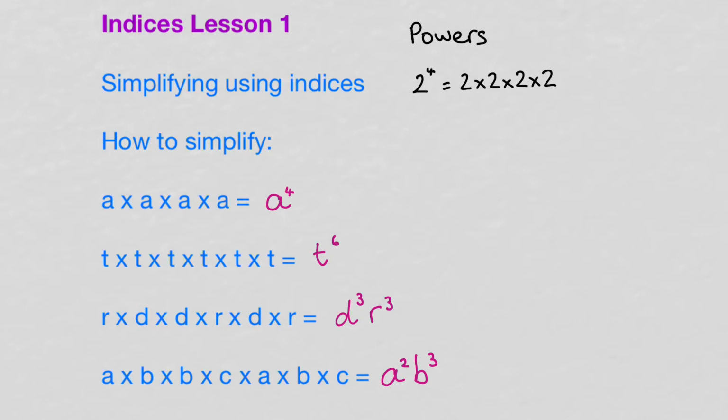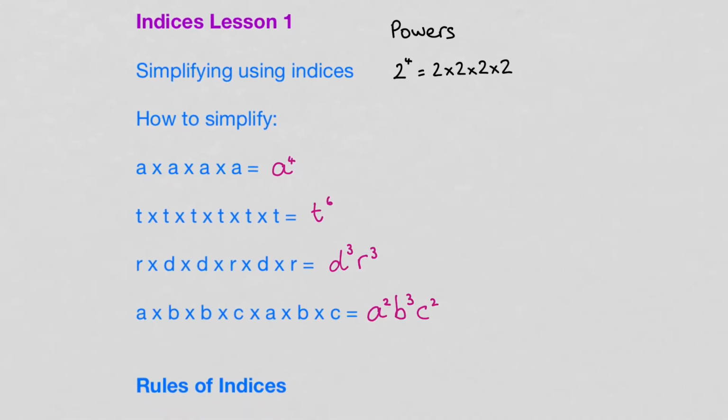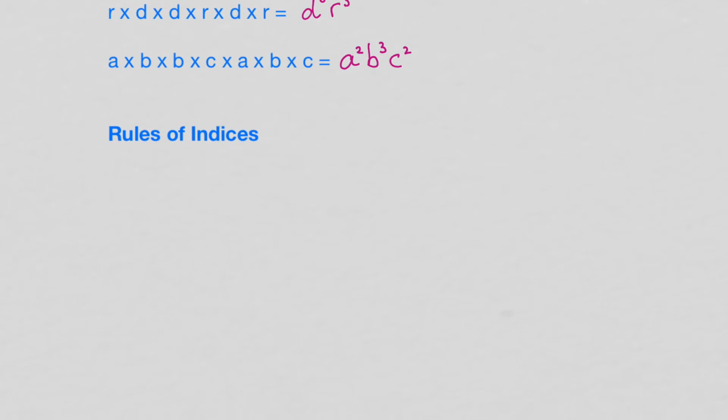And then the C's, we've got 1 there and 1 there. So we've got C squared also. Okay, so when we are simplifying using indices, we're just counting how many times each letter is being multiplied by itself. Okay, now we're going to go on and have a little look at rules of indices.